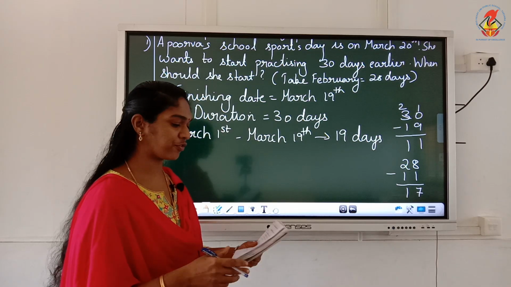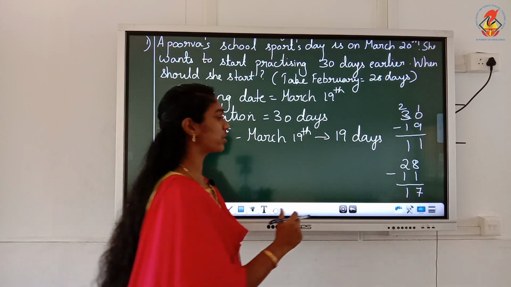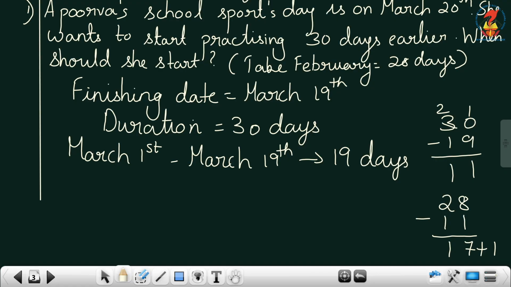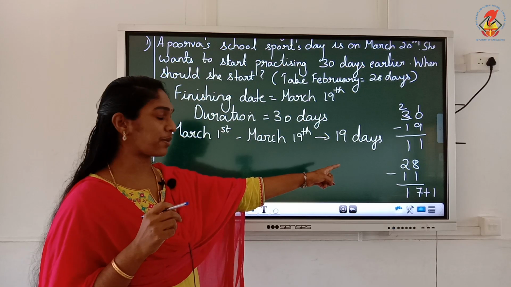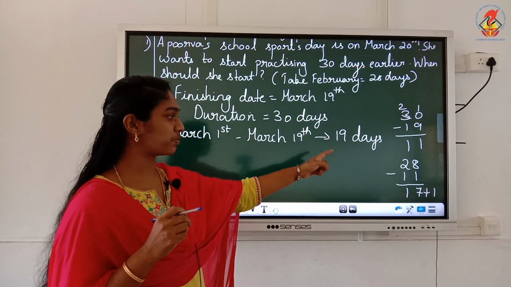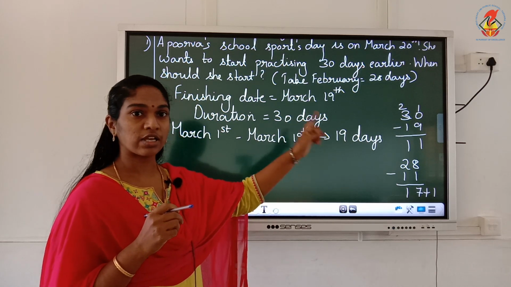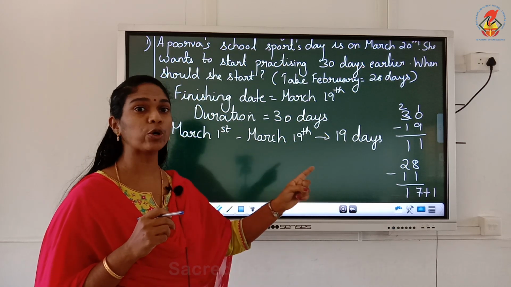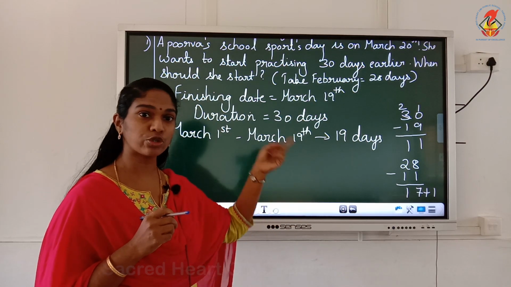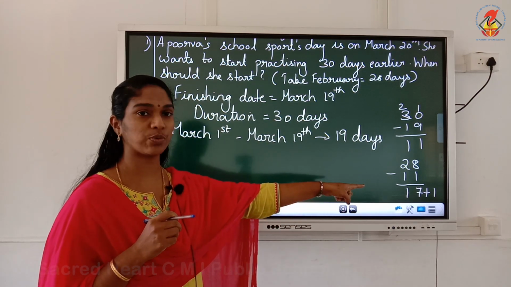And children, what I have to do is add 1 to the 17. Because when I do that subtraction, 28 minus 11, it becomes 17, but that date is not included when you are subtracting. So, to include that date, you will add 1.